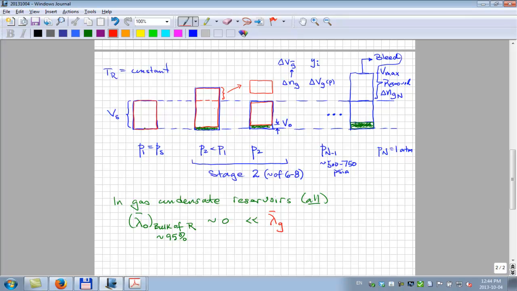It's the same deal here. Just because some of the condensate dropped out and stays in the reservoir doesn't mean that there's no condensate still in solution in the gas. That gas comes to the surface, it's still got 160 barrels of oil that stayed dissolved in the gas until it came into the well and went up.